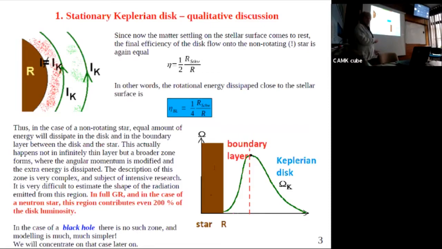That's really a dramatic event, because you have the same amount of energy dissipated in the large accretion disk. And then another, so this is 50%, and then 50% is dissipated here, very close to the disk surface.